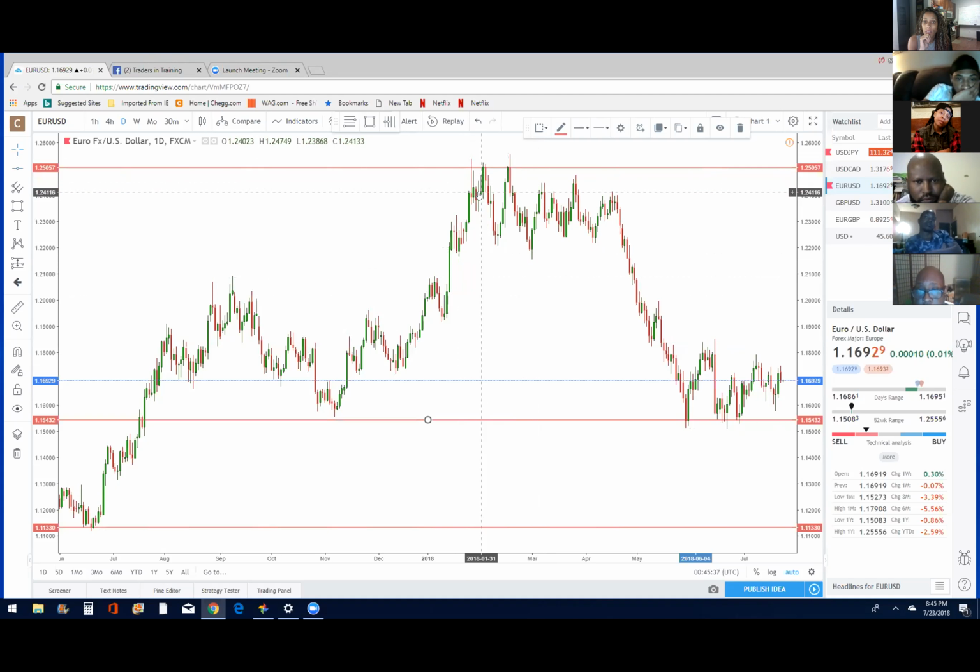The red one. Is that in front of it or behind it? Which candle came first? The green candle. Correct. So that's the candle that happened before. Right. So that's not an engulfing candle, is it? No. So that's the first thing.